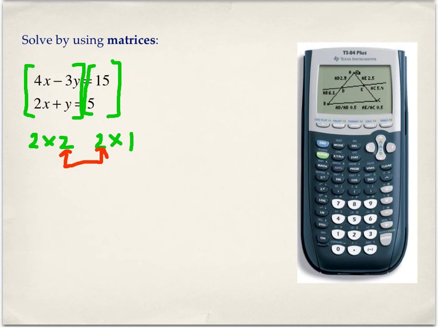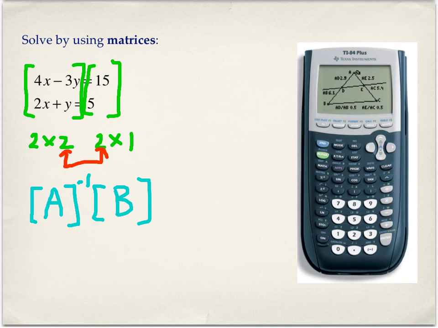You can enter each of these matrices in your calculator, and then ultimately you'll give them a name, and we'll just say that our 2 by 2 matrix is matrix A, and our 2 by 1 will be matrix B. Now, we aren't going to just multiply them, because that would not enable us to solve for our variables. What we're going to do is take the inverse of this first one times our second one, and that's going to give us the solution that we want.